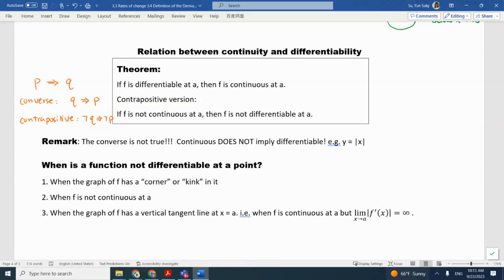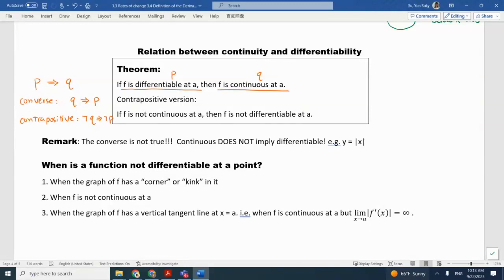So look at this picture. F is differentiable at a. That's the P. Then f is continuous, so Q is the statement f is continuous. So the contrapositive is not Q: f is not continuous at a.